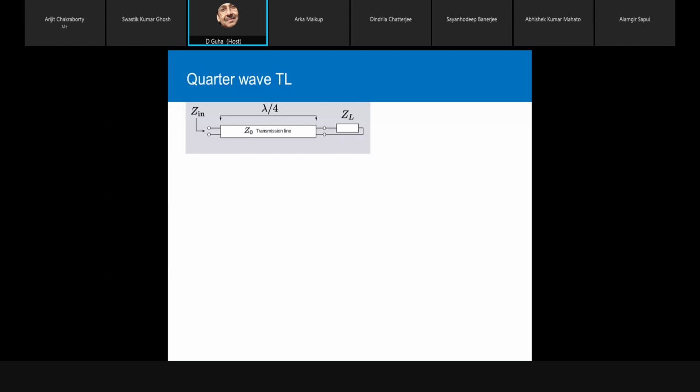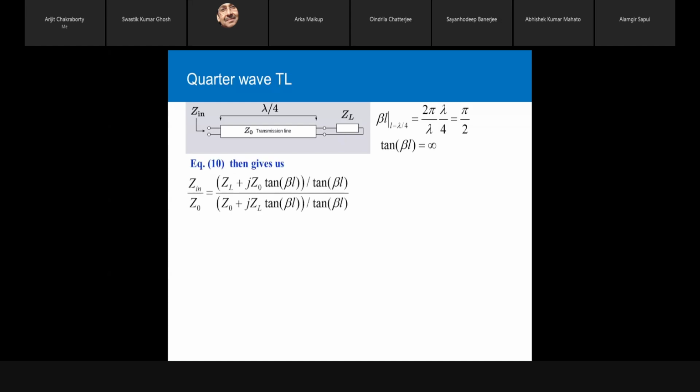And what you have learned through the solution of the equation, beta L equals pi/2, and for L equal to λ/4, tan beta L equals infinity. So I'm just trying to find out its values. And from the equation you can solve Z in by Z0 for this transmission line, which is equal to like this.